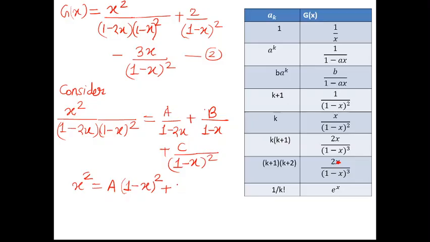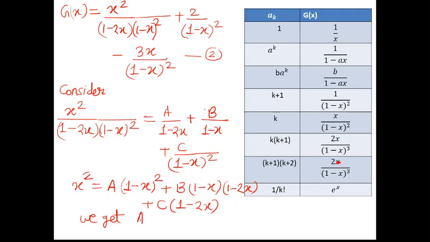Then plus b has 1 minus x, so what is missing? 1 minus x into 1 minus 2x. Then plus c has 1 minus x whole square already, so the missing term is 1 minus 2x only. Now simplify this the way we have simplified in the previous example, equating coefficients of like powers of x. This step I am skipping here as you are already aware of the partial fraction method.